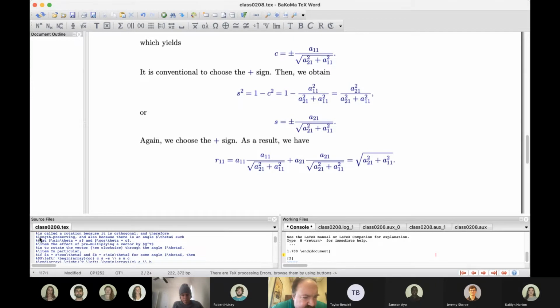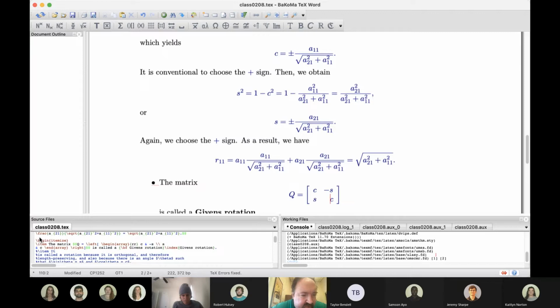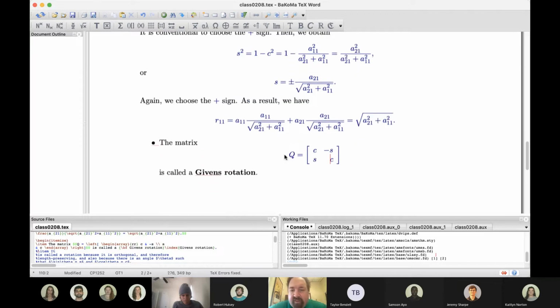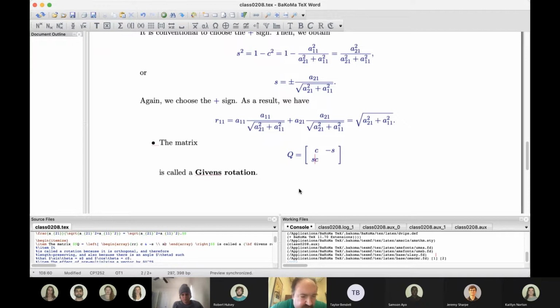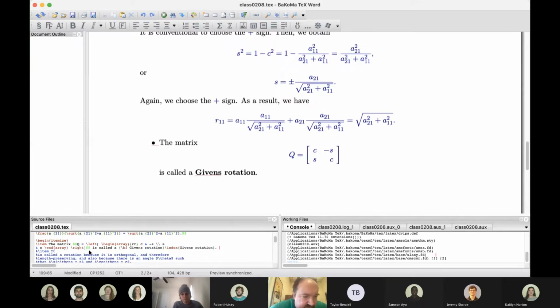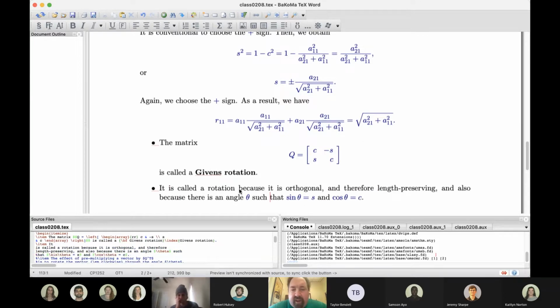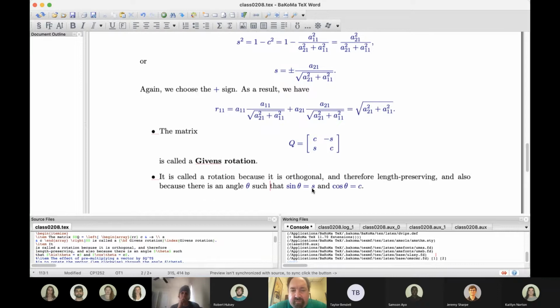So to summarize, this matrix that I've obtained, cosine minus sine, sine cosine, that's a Givens rotation. So that's where the term comes from, because it actually performs a rotation.